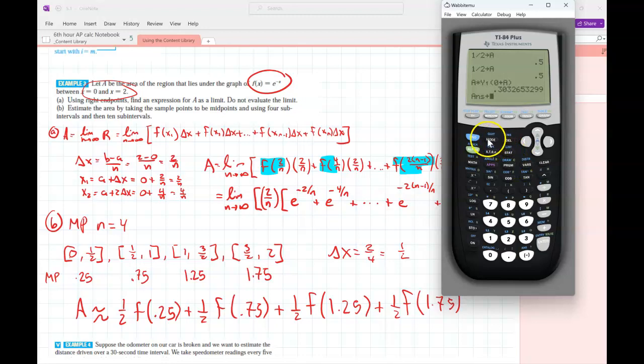Then I'm going to add to that the same thing, except I'm going to have 2 delta x's. And I'm going to add to that the same thing, except we need 3 delta x's. Oh, boogers. What am I doing wrong here, guys?